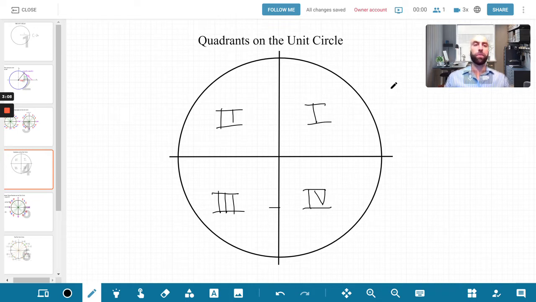In the first quadrant, x is positive and y is positive. In the second quadrant, x is negative and y is positive. In the third quadrant, x is negative and y is negative. And in the fourth quadrant, x is positive and y is negative.